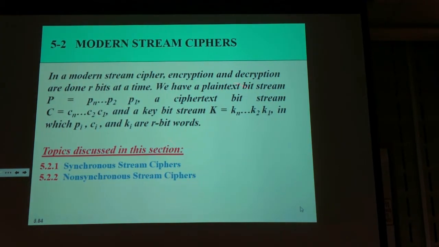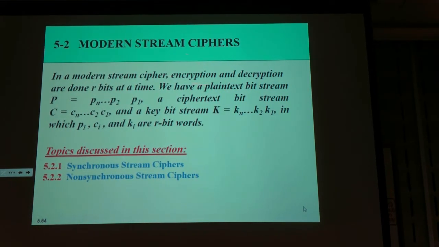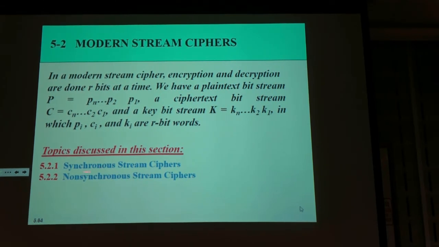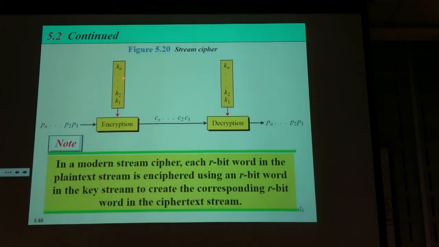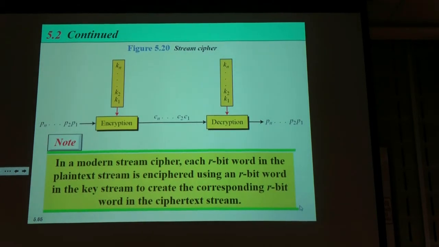Then at the end, we're going to talk about modern stream ciphers. There are synchronous stream ciphers and non-synchronous stream ciphers. Before, we were talking about block ciphers, where we divide the data into blocks.